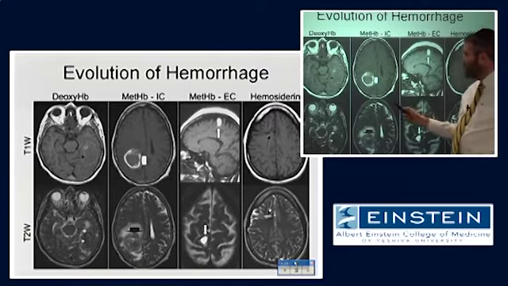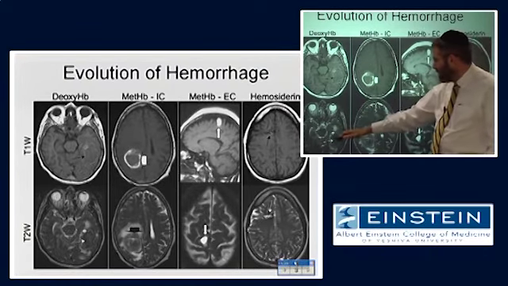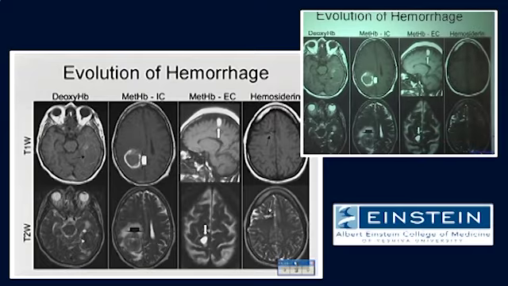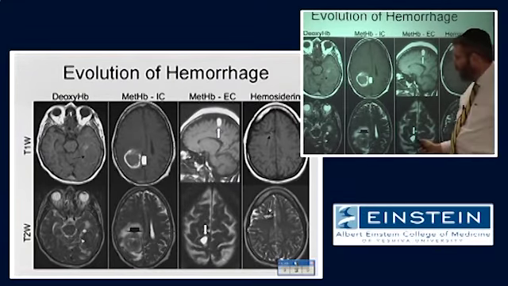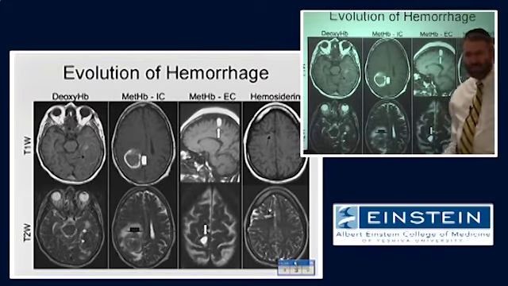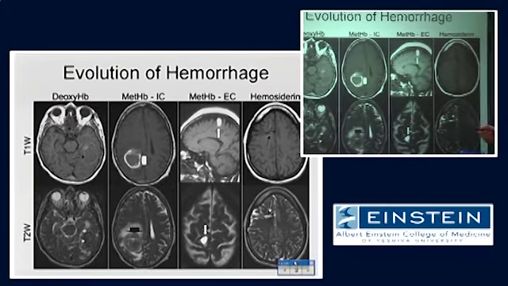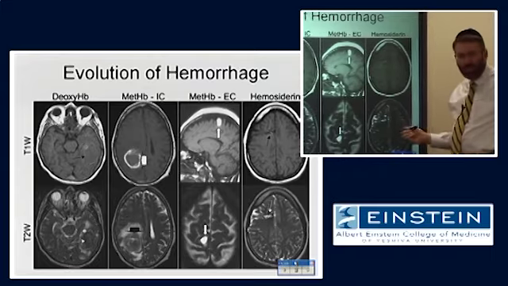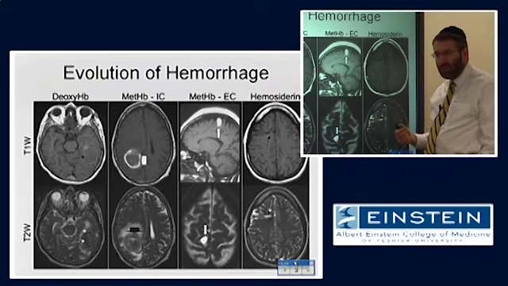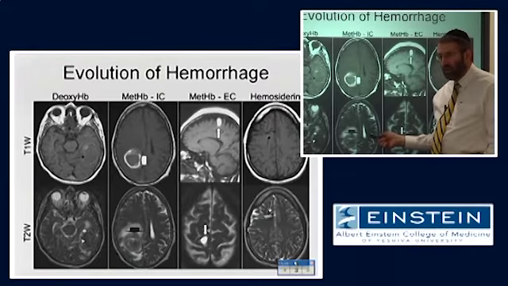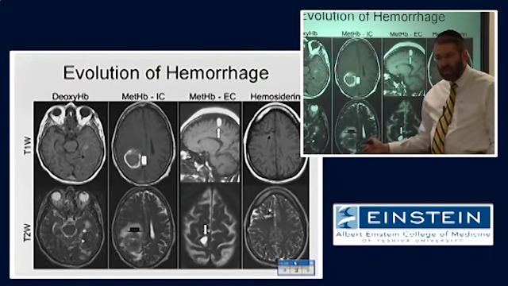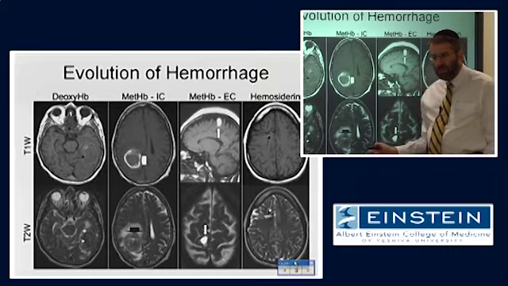So notice T1 weighted images on the top, and T2 weighted images on the bottom. Even though we would be maximally sensitive to the presence of magnetic susceptibility effects with T2 star weighted images, we will still see those effects on a spin echo image.